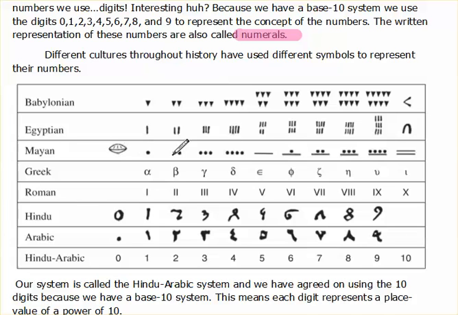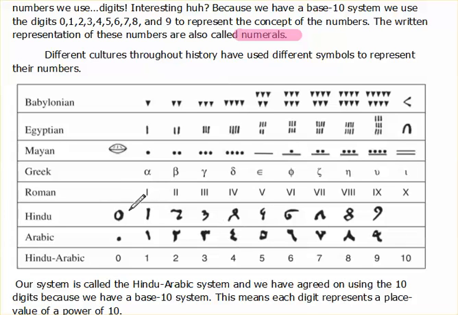In Mayan culture, notice that the Mayans were actually the first to come up with the concept of a number 0, and they used a series of dots and lines to represent their numbers. Greeks used the lowercase alphabet. Romans used a capital alphabet, and we'll go into more about the Romans in a little bit too.